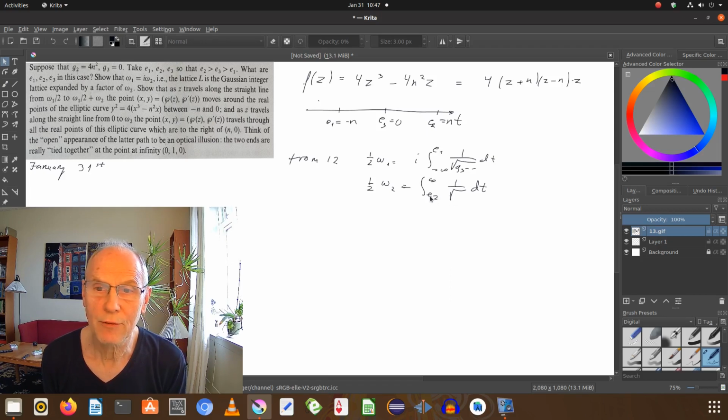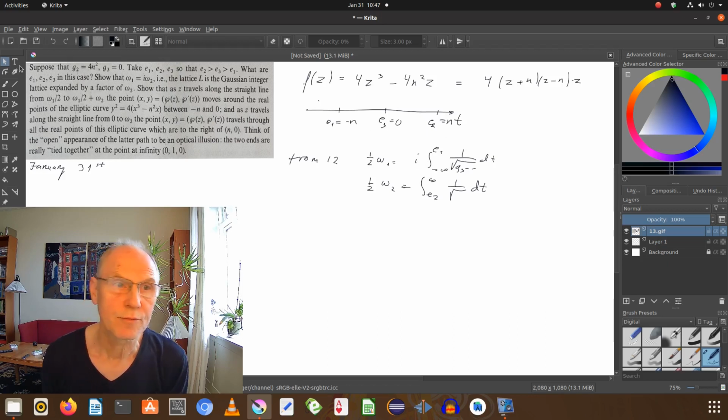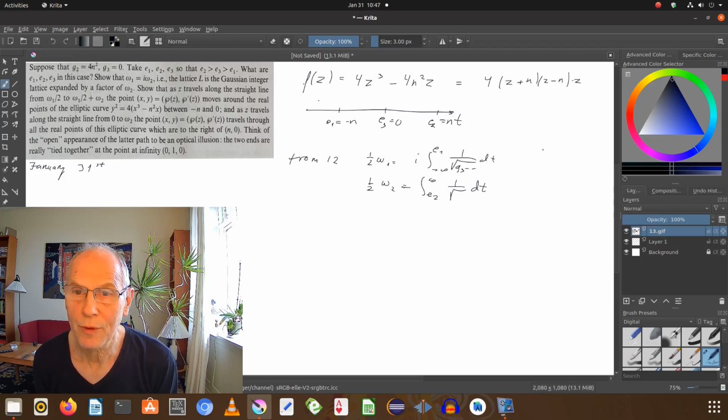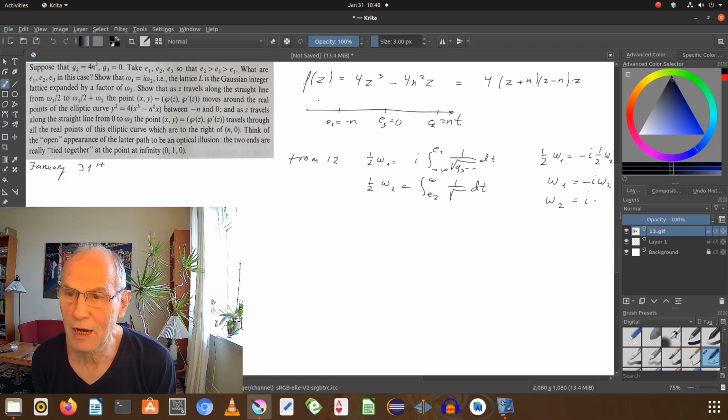So here we get a real positive result, and here we get the same result, but with a minus, and then we multiply by i. So half omega 1 is minus i times a half omega 2, and multiply by i.